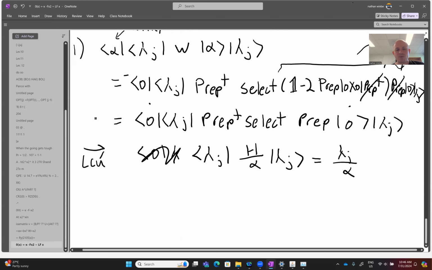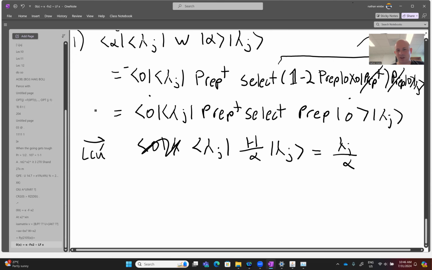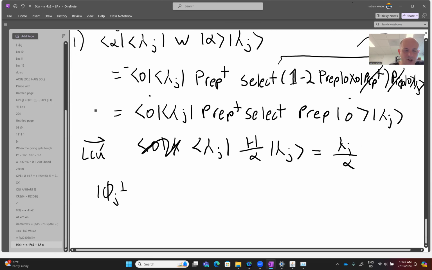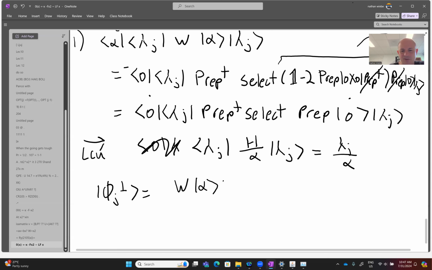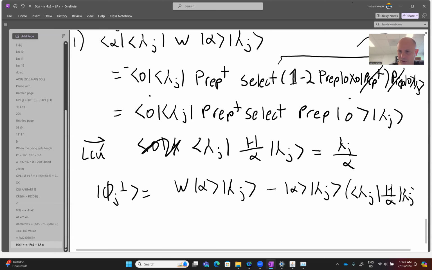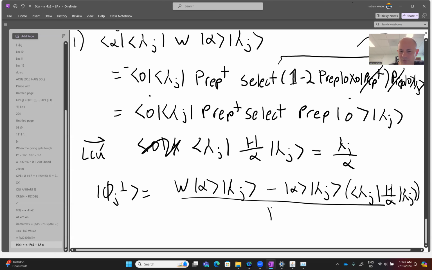All right. So LCU ends up giving us that matrix element is lambda j over alpha. And this allows us to simplify our expression for phi j perp, which, if you recall, was equal to W acting on alpha lambda j minus alpha lambda j times this matrix element, lambda j h over alpha lambda j, divided by some normalization condition.